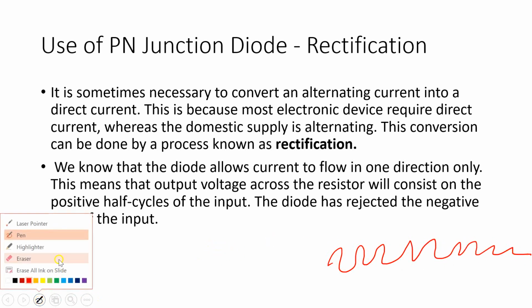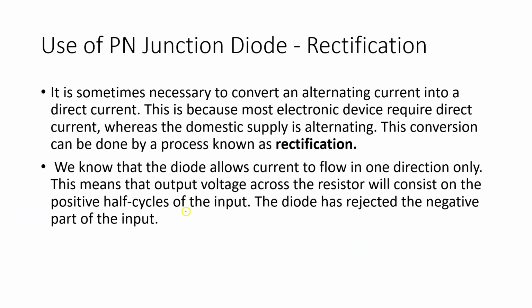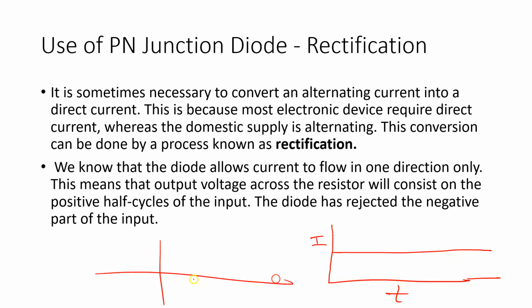Because we can't use alternating current with our devices, we have to use what we call direct current, which just flows in one direction. Imagine this is your y-axis, current is on this side and time is on this side. It's moving in a direct path, straight, one direction. Alternating current does not only move in one direction, it moves in both directions as time progresses.